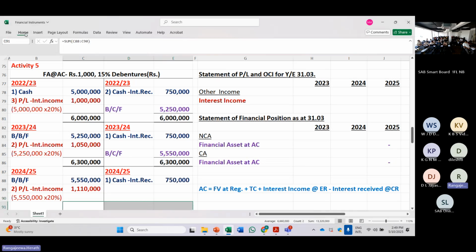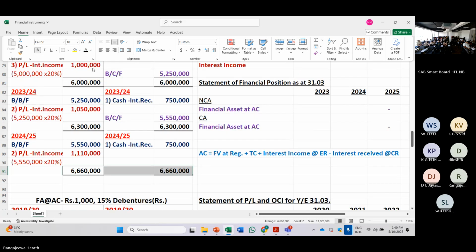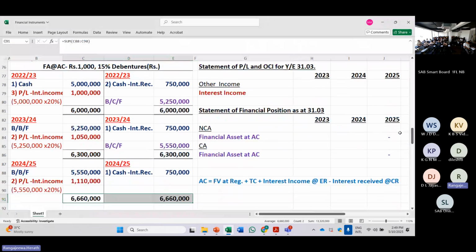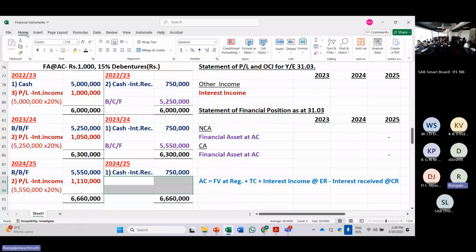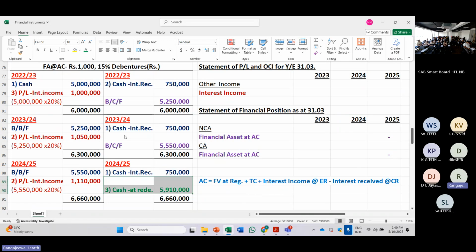So on the debit side we have 6,660,000. Now at the end of the year, the final balance is 5,910,000. Now that would be settled.